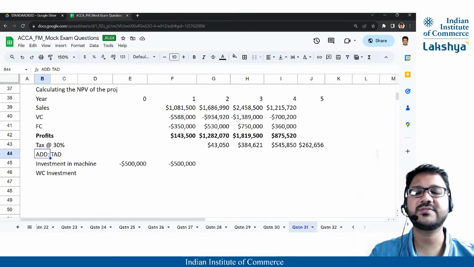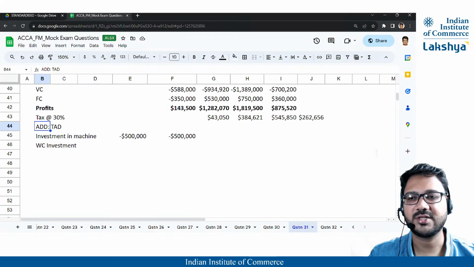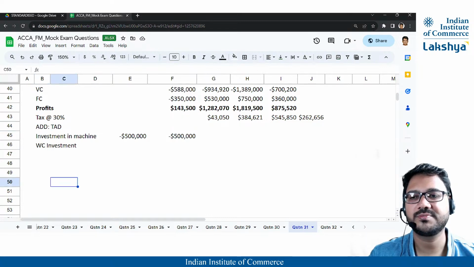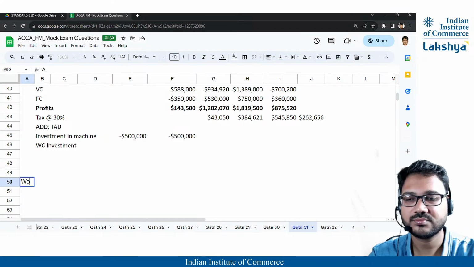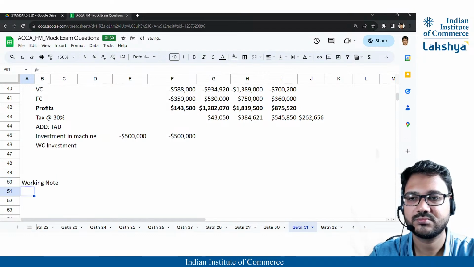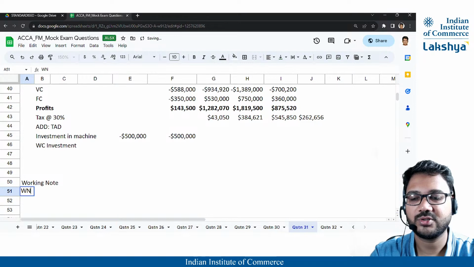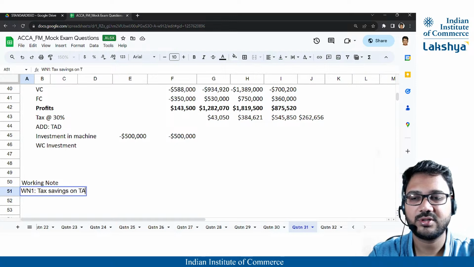So firstly, let's find the TAD, tax allowable depreciation. Okay, so the price of the asset we know is $1 million. So say this is a working note. So working note 1, which is calculating tax savings on TAD.